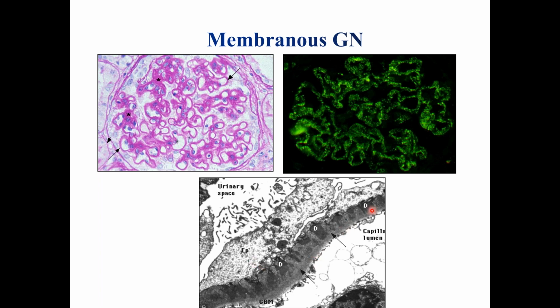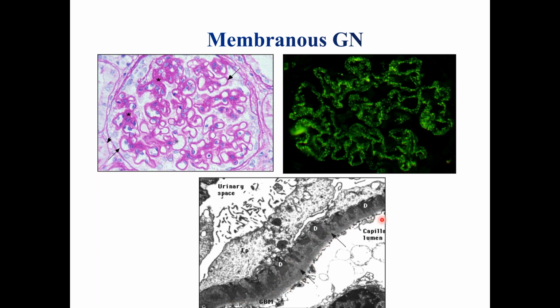Similarly, in this electron micrograph, you can see that the basement membrane is showing a lot of hump-like deposits, and this basement membrane is actually thickened. So electron microscopy is a very good investigation to identify abnormalities not only of podocytes but also of the basement membrane, and you can even identify whether the deposits are on the subendothelial side of the membrane or the subepithelial side.